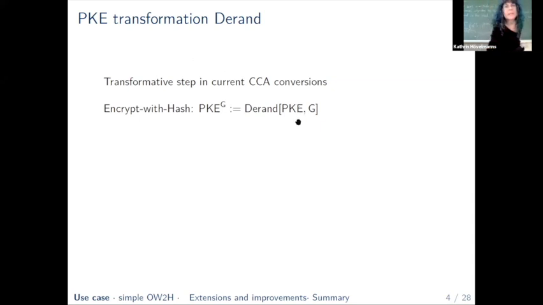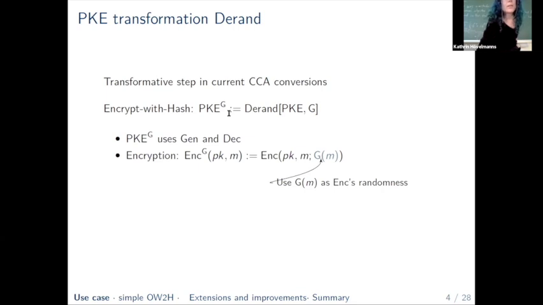So we take a PKE scheme and a random oracle G, and we construct a new public key encryption scheme that's defined relative to the PKE scheme and the random oracle. And what we do is to use the key generation and the decryption algorithm as is, but change the encryption such that encryption is done deterministically by using the hash value of the message as the encryption randomness.